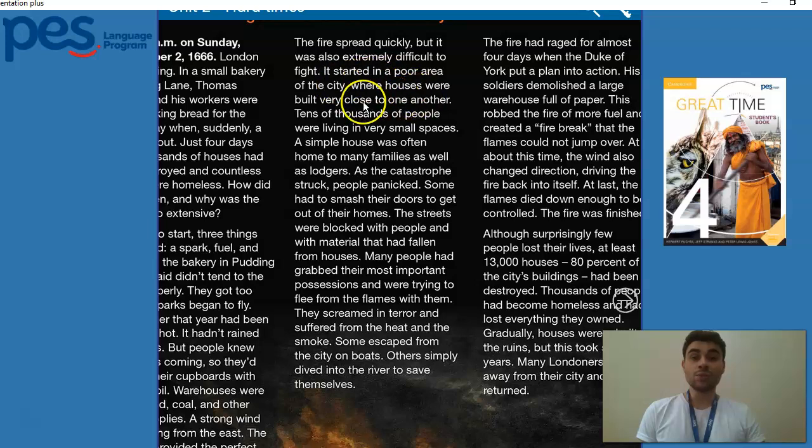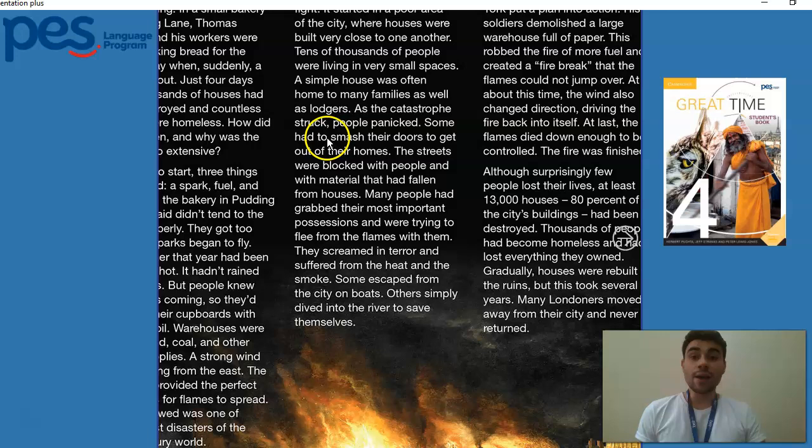Then we need to check over here. The houses were built very close to one another, and remember that the houses were filled with fuel for the fire, right? The food, the oil, and also we have here the streets were blocked with people and with material that had fallen from houses.